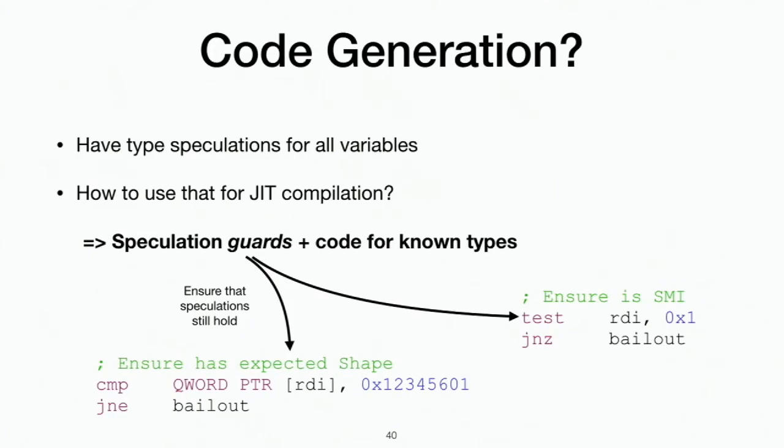So it's checking this least significant bit here. And if not, it bails out. Again, the bailout mechanism. On the left side, you see a shape guard, which makes sure that some object has the expected shape. What it does is just fetch the shape pointer from the object and compare it to a constant. And this works because shapes are shared and immutable.